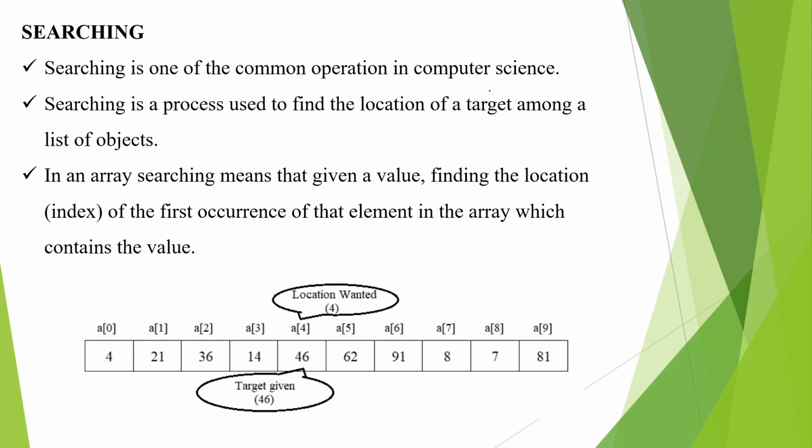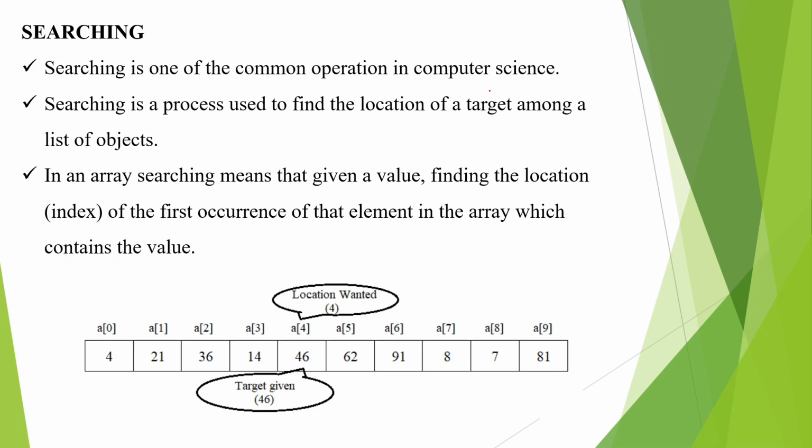So first of all, before we proceed into linear search, what exactly do we mean by searching? What exactly do we do when we perform searching? That we need to understand. It is one of the common operations in computer science.